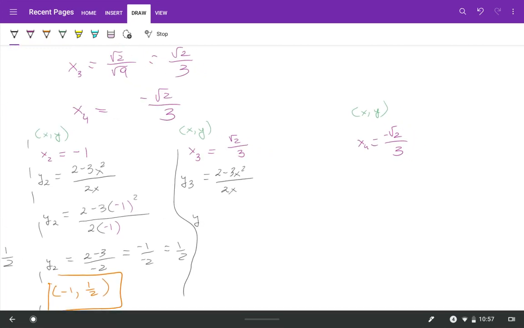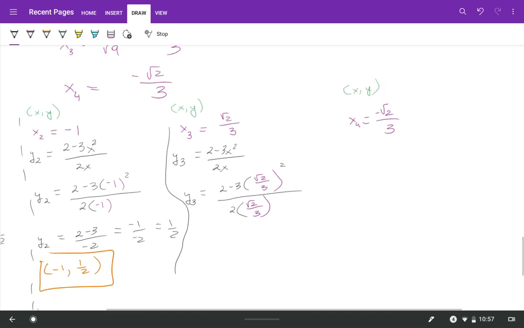So y with index 3 is equal to 2 minus 3, we're going to replace x with square root of 2 over 3, square that, divide by 2 times square root of 2 over 3. Now our job is to simplify that, so we have y with index 3 equal, look what happened, that 3 and 3 can, oh, not yet, oh, I made a major mistake. Hope you guys didn't see that.